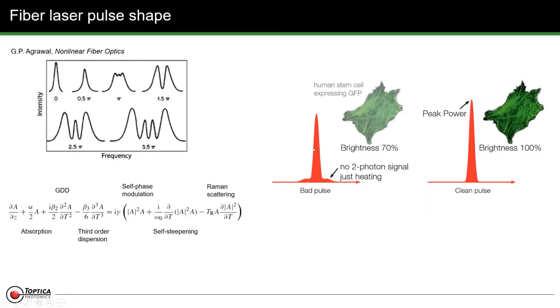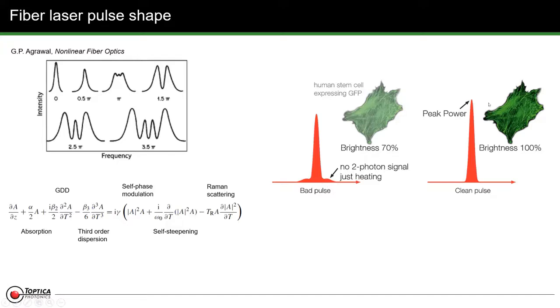And although it may be 100 femtoseconds at the full width half maximum or the 1/e² width, lying under the surface or at the leading and trailing edge of the pulse are these weird ripples, and that means that some of that pulse energy is wasted at low intensity. So none of this light contributes to imaging. It only contributes to heating the sample.